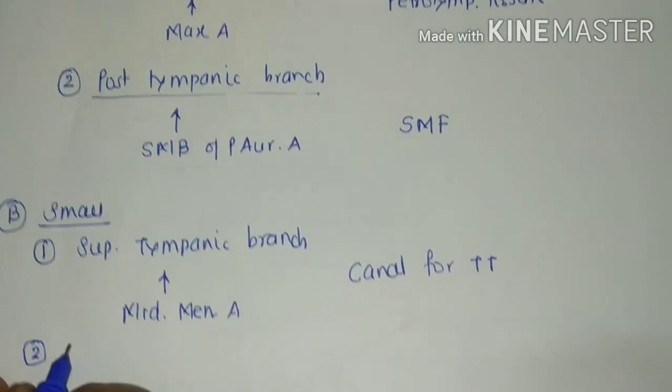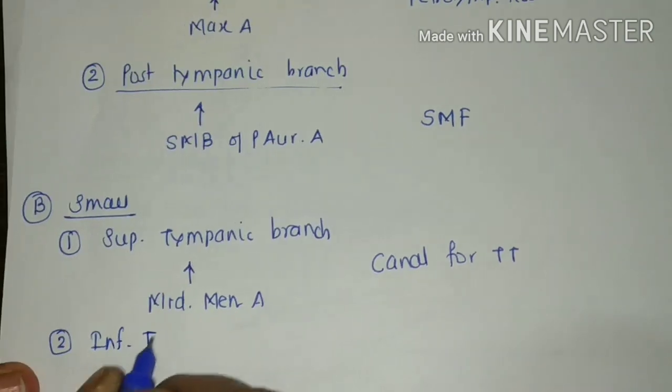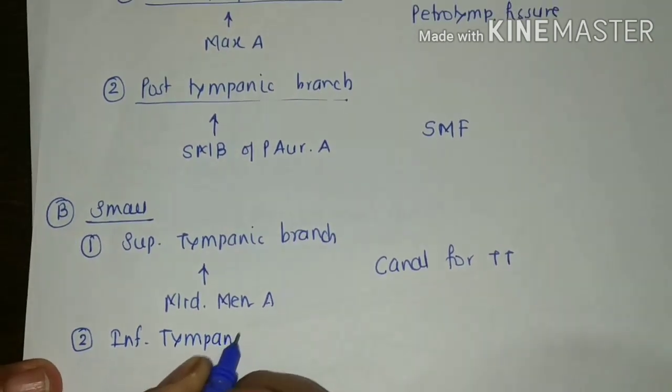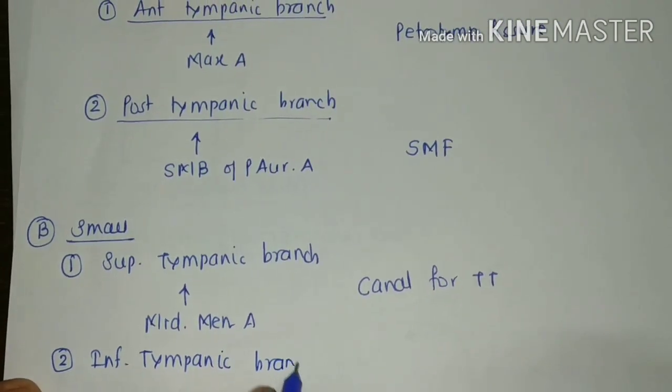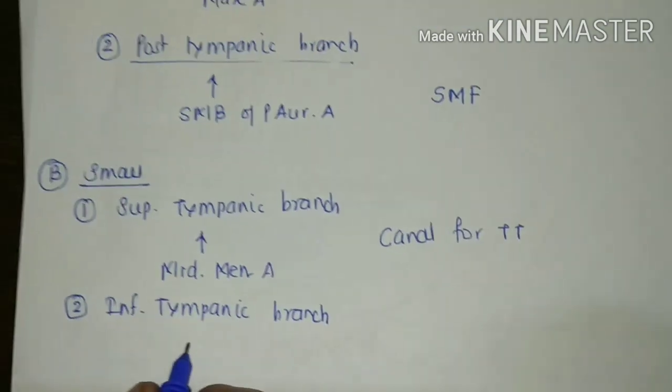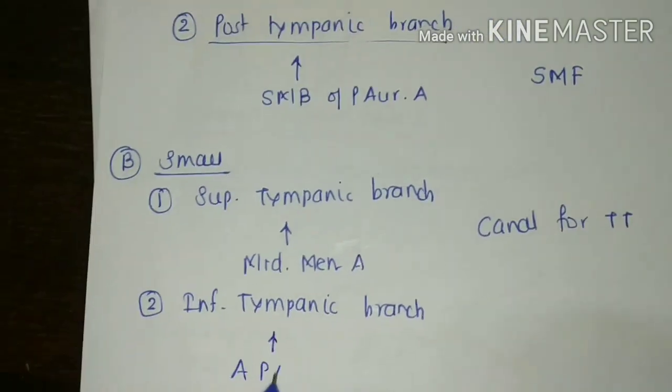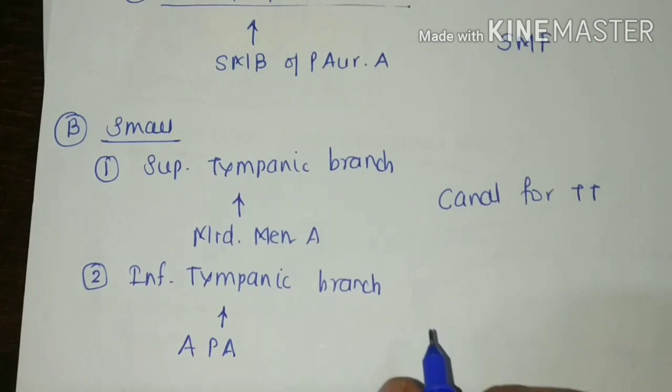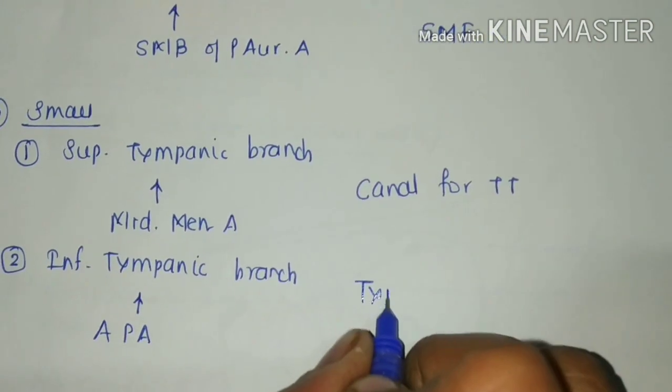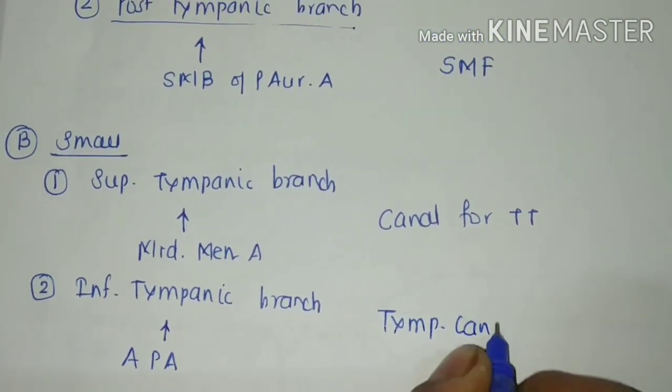Then second is the inferior tympanic branch, which is a branch of ascending pharyngeal artery and it enters through the tympanic canaliculus.